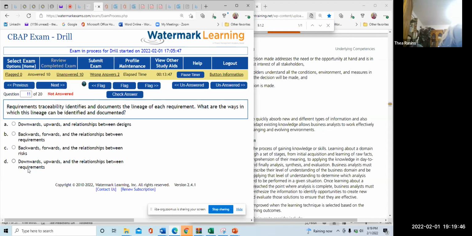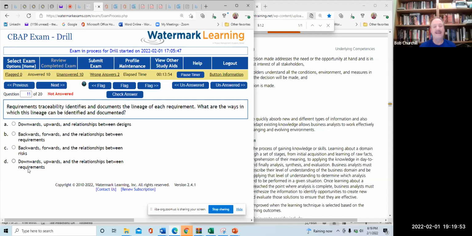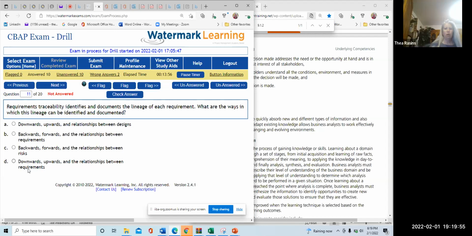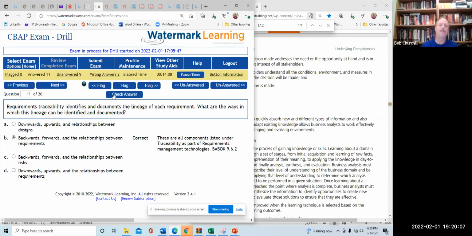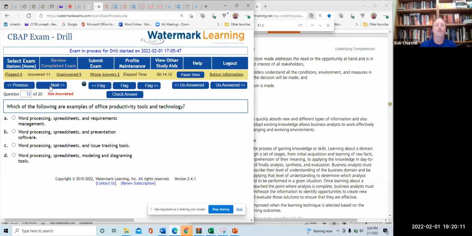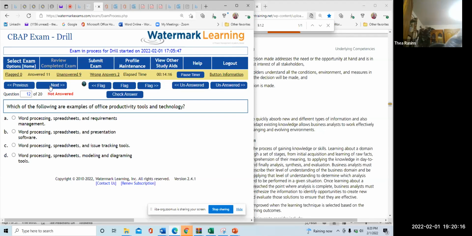So what answer did you choose? I'm going with B. Okay. The answer chosen is B. These are all competencies listed under traceability as part of the requirements management technologies. Very good. People usually picture RTMs as going horizontally rather than up and down.